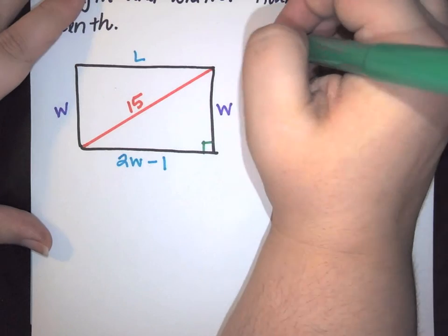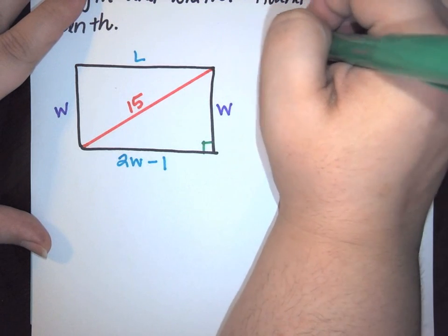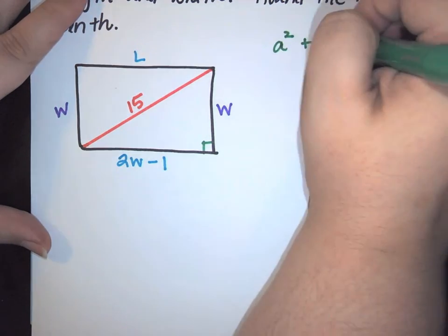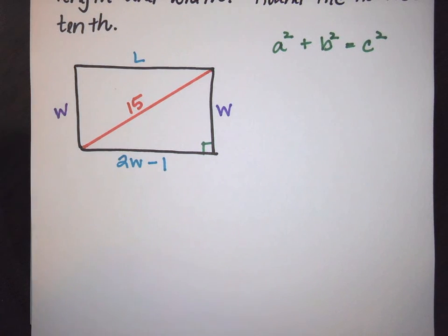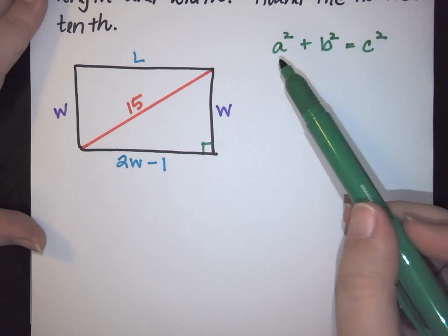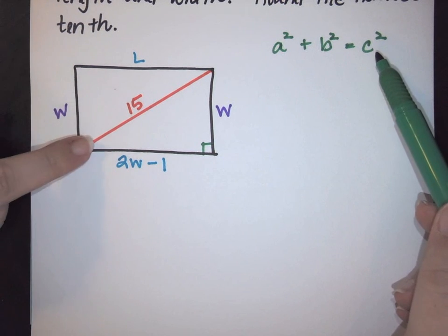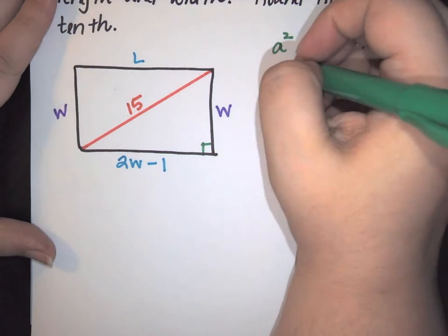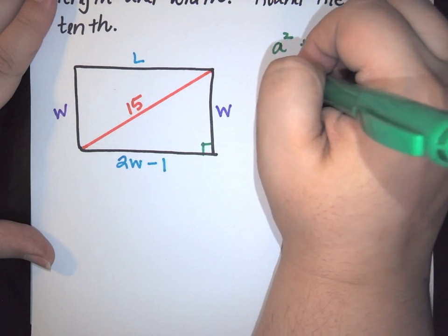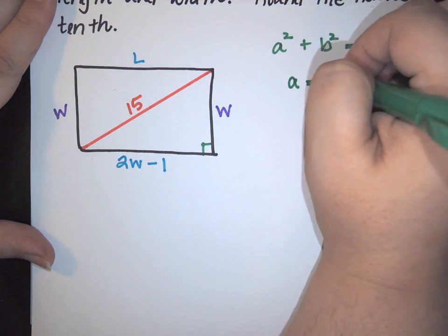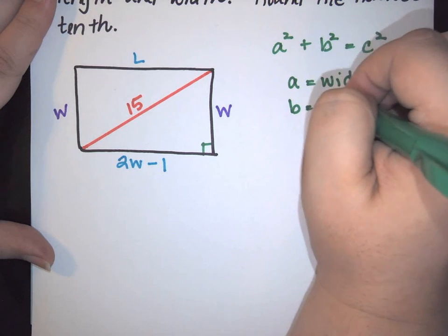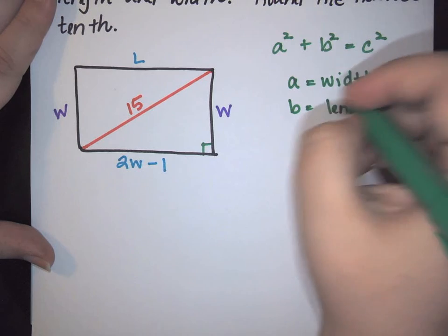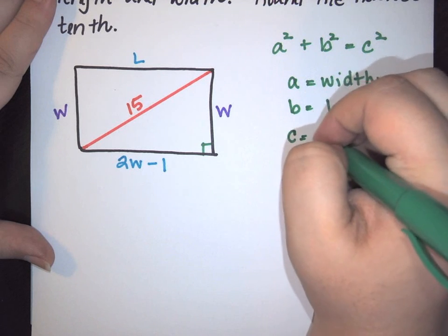And that formula is a squared plus b squared equals c squared. In this case, we would substitute A, B, and C for the parts that we have. So, for example, we could say that A was the width, make B your length, which would make C that diagonal.